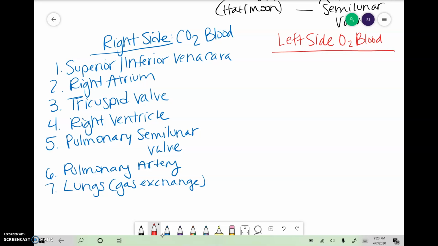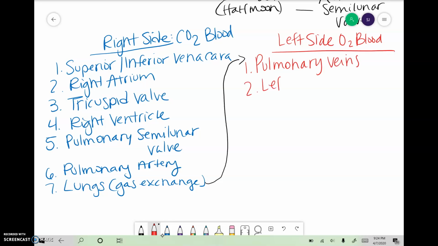Okay, so we have left the lungs, so inevitably we are continuing the process here. Okay, and we are traveling back with the pulmonary veins. Okay, we have the left atrium. We have the bicuspid valve or the mitral valve.